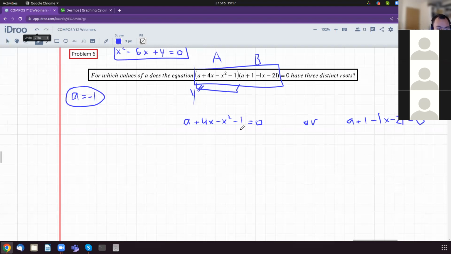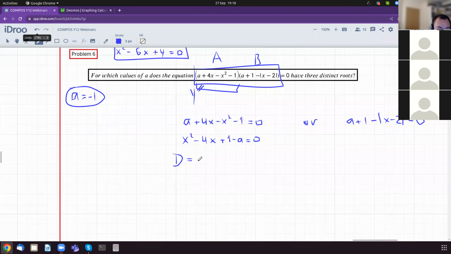So this is a quadratic equation. So we're finding the discriminant. Discriminant is b squared. Well, it's better if we write the equation first. So it's going to be x squared minus 4x plus 1 minus a equals 0.